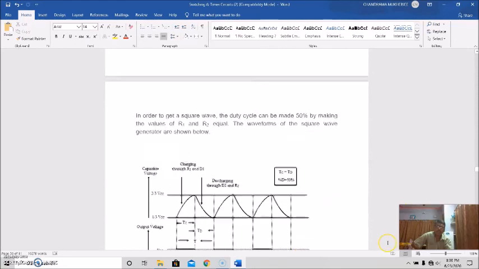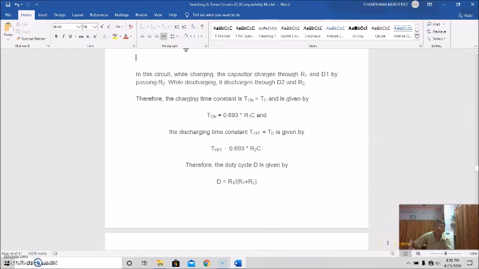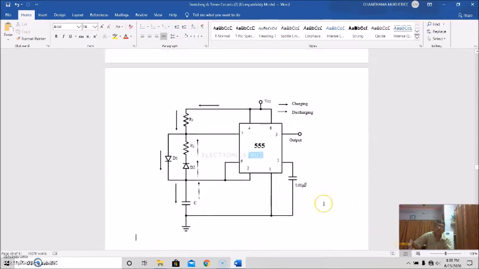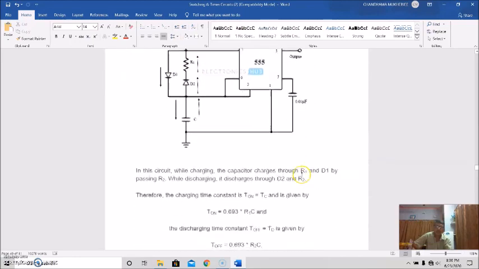Actually, this is not a modification but an alternative circuit. This one uses two diodes across R2. This is the charging path and this is the discharging path. By selecting R1 equal to R2, you can get a fully square wave.